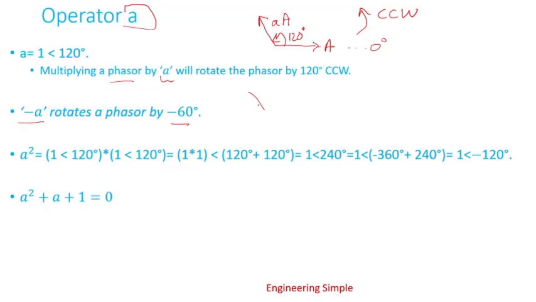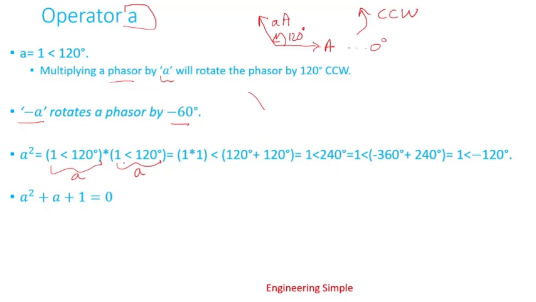So if you draw the phasors, you will notice that it's minus 60 degrees. And A squared is basically operator A times itself.